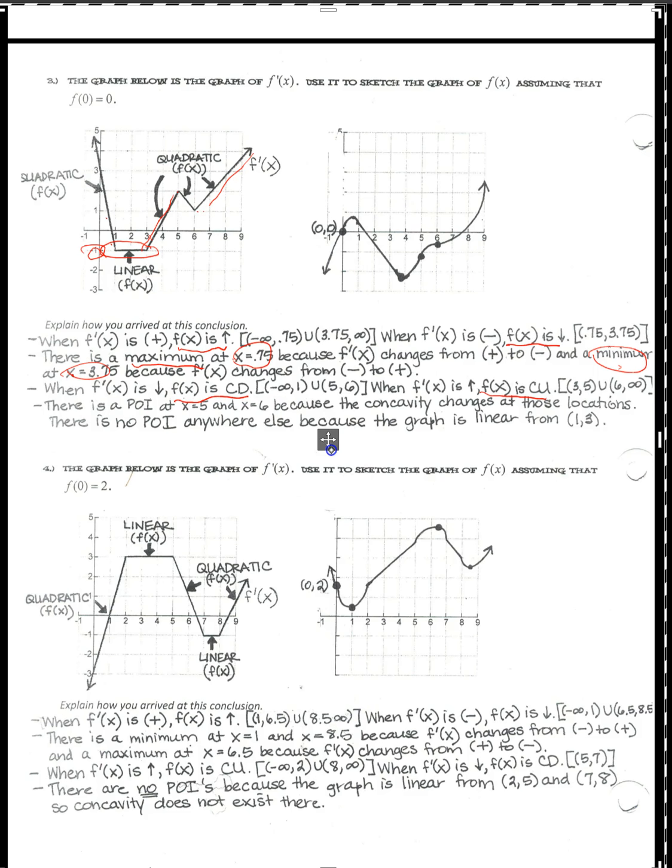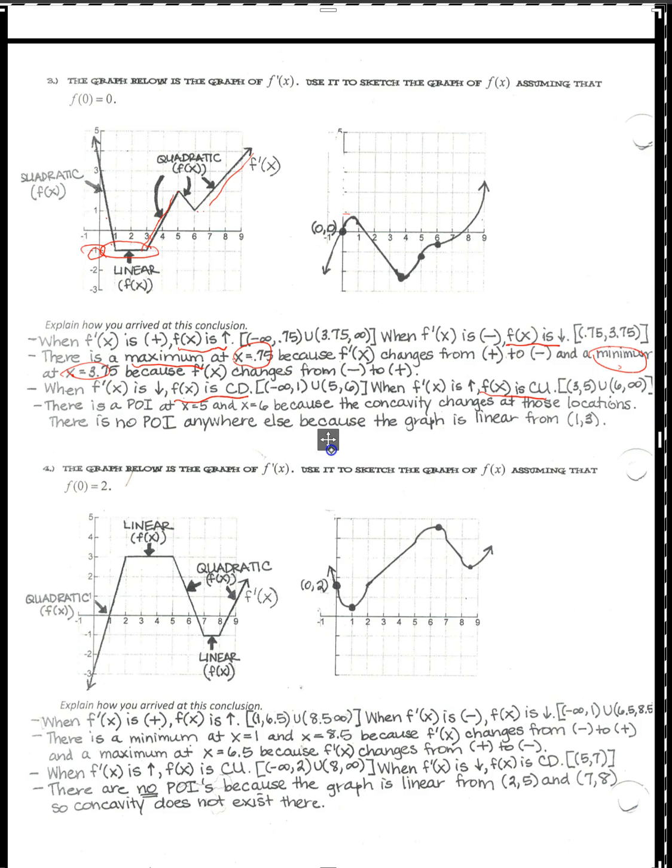According to the notes that we took, if you even need to take them, some people don't, you're going to start off increasing and concave down, hit a local max somewhere around x equals 0.75. Then you're going to be concave down and decreasing until x equals 1. This is where we have a linear piece with a slope of -1, and mine's not even a great slope of -1, but something like that, until about 3.